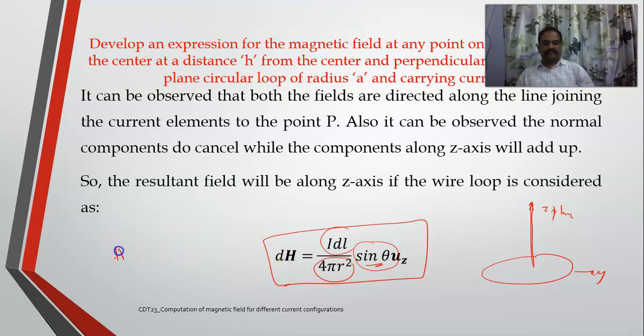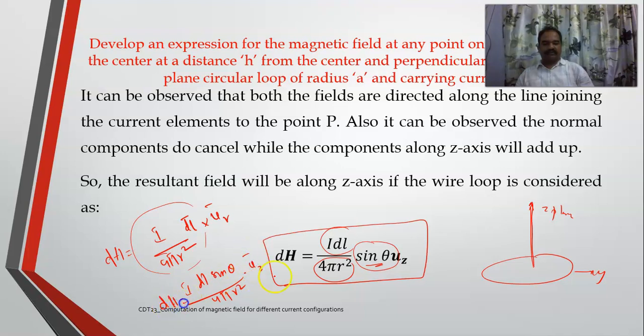The earlier equation of dh is equal to, this has been modified. I won't consider everything. I'll be considering only Idl sine theta components by 4 pi r square, and the direction will be in z direction only. So this is what this stands for.